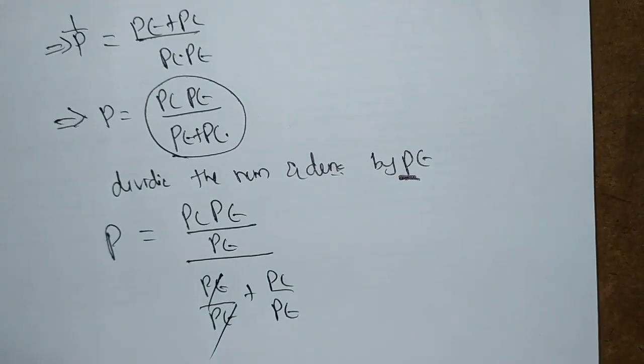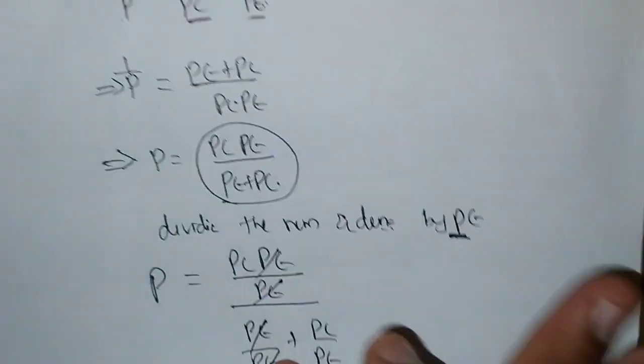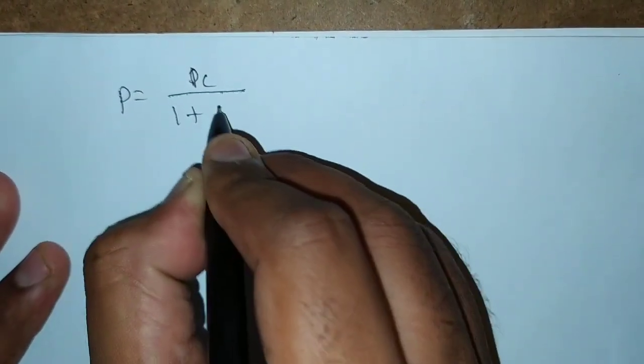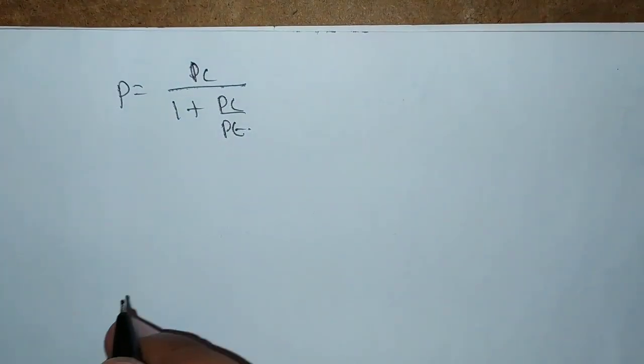Here PE will get cancelled out and here PE will get cancelled out. So this equation can be written as P is equal to PC by 1 plus PC by PE. Like this we can write them.